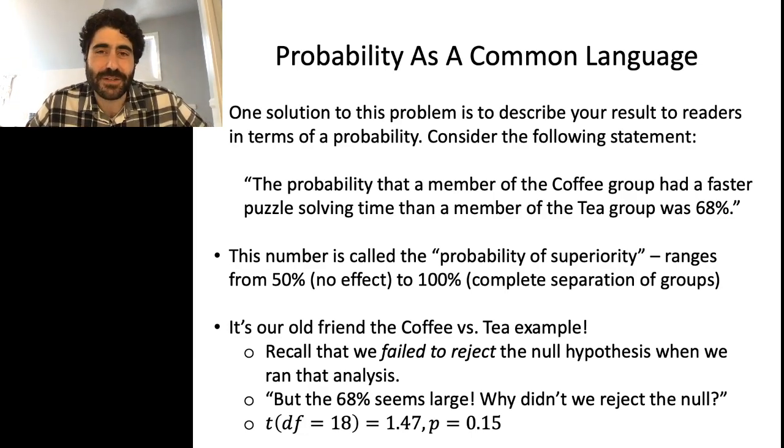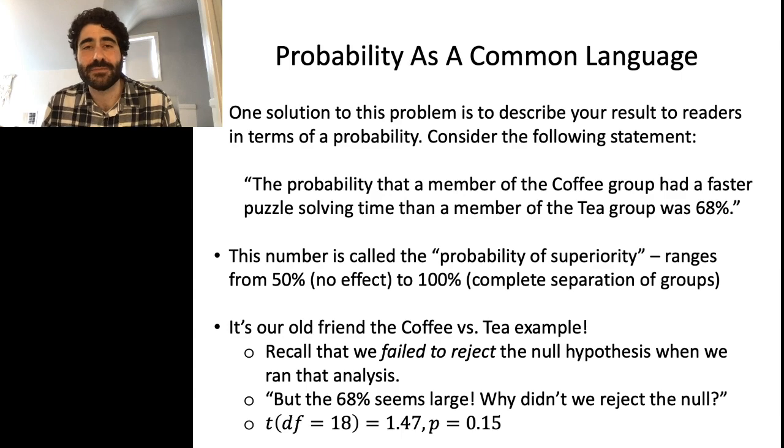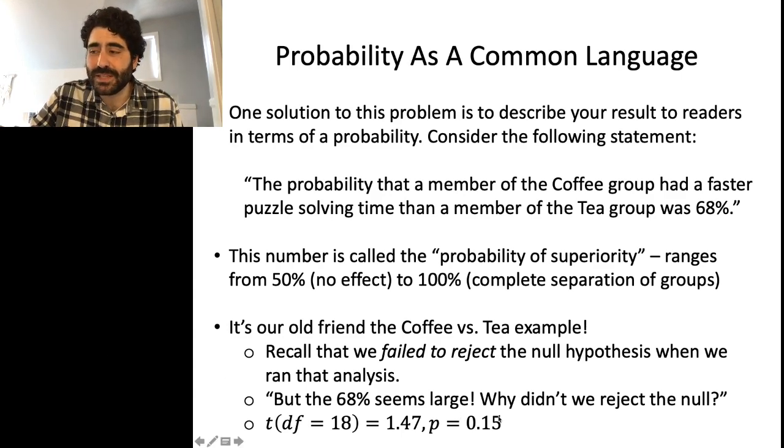But the t-statistic wasn't very high because there was also a lot of variability in the groups. So what we're saying here, and again, this is the difference between effect sizes and p-values, is that in this sample, the coffee drinkers did, on average, look faster, but there was enough variation in the groups that we're not sure this is true of the population. It's possible that even with populations that were identical, we still could have gotten this result. Like 15% of the time, we still would have gotten this result, even if the null is true.